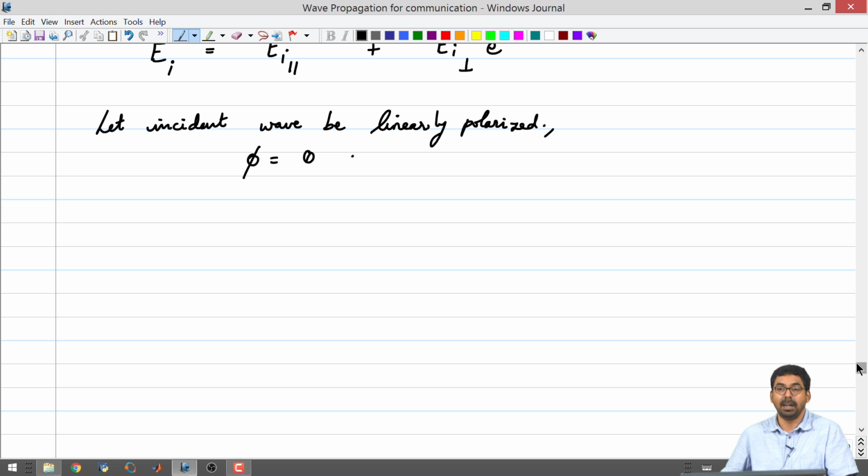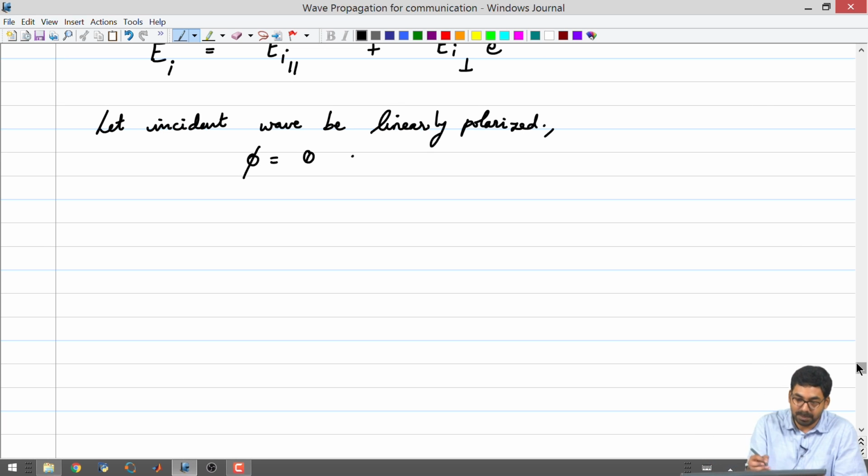So, if your incident electric field was linearly polarized and if you split that into parallel and perpendicular components, each of them is going to have a reflection coefficient that is real, and then you add them together, you will end up with no manipulation of phase between them. So, you will not be giving only parallel polarization some phase, perpendicular polarization no phase, all that will not happen, they will still remain in phase.